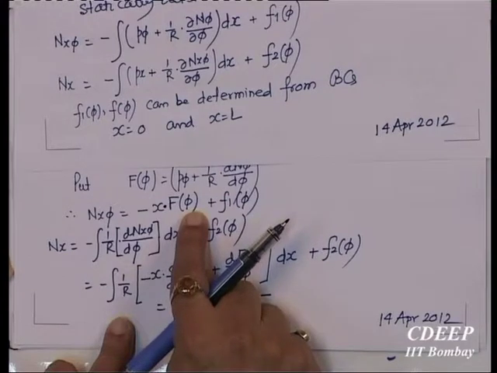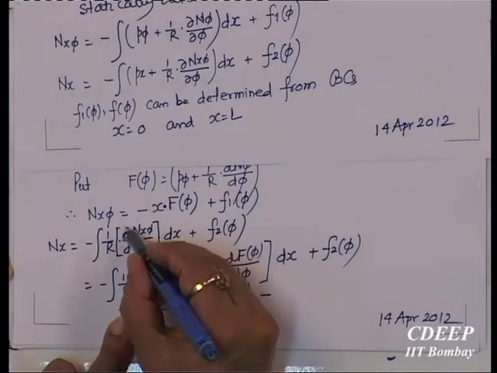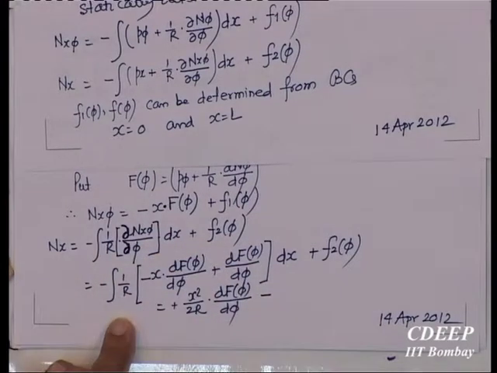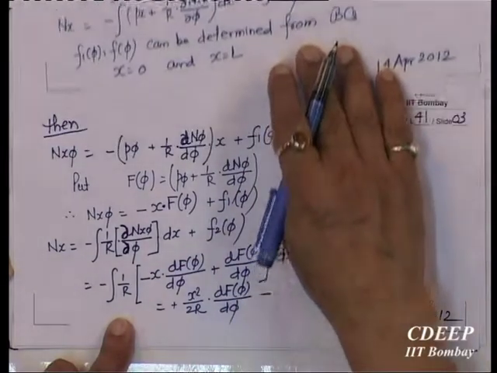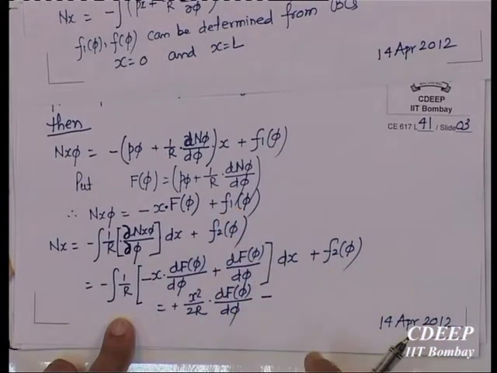No, then this is a partial derivative then. Then f1 also is a function of phi. F1 also is a function of phi. Acha, F1, yes. Sorry, that is right.